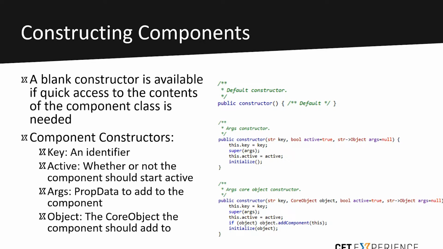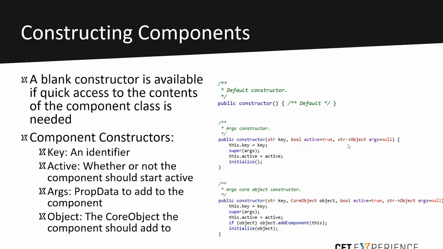And then args is just a string-object map. Components extend from core object, which extends from prop object, which means that you can store prop data on it. So if there's any prop data that you wish to add to the component before you even get started with it, you can create your own string-object map, add your prop data, and then pass it into the constructor, and that constructor will have access to that prop data later on.